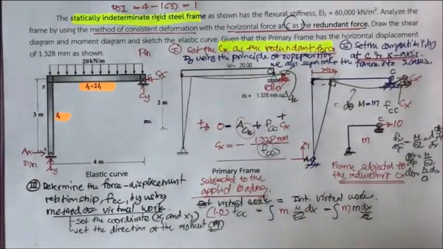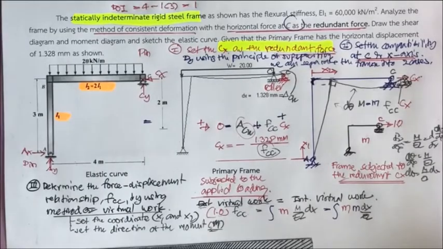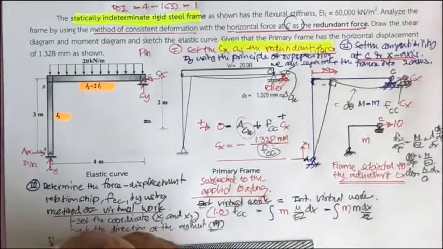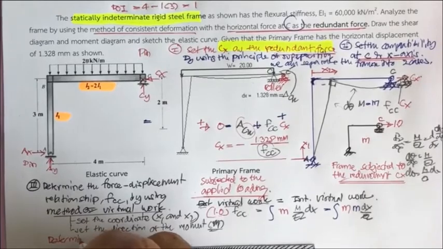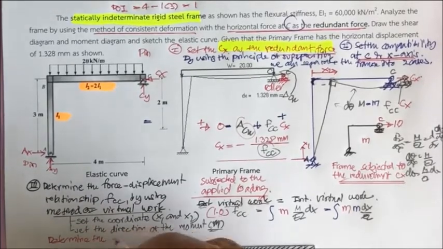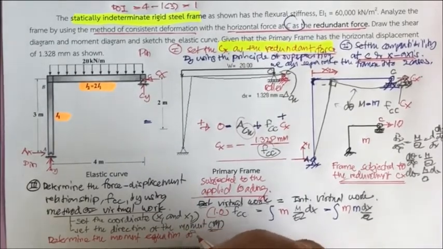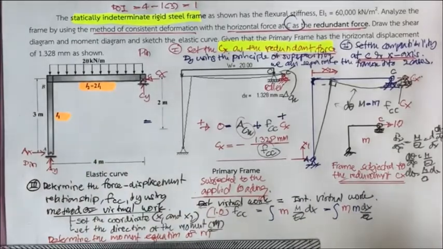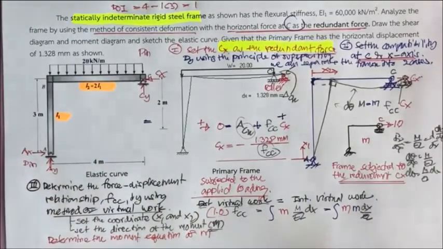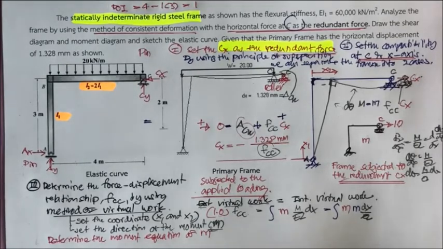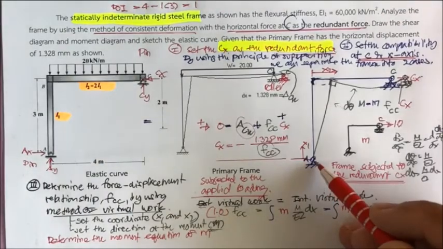Okay, so before we can determine the equation of the moment M, we do two setups of that. And now, what should we do? We must determine the reactions that occur here.